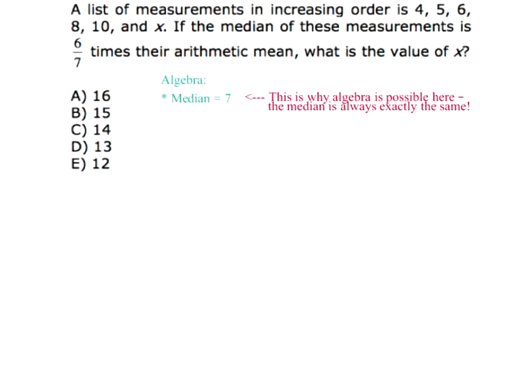Like on most median problems, algebra will not work because usually there's no algebraic expression for this. On most median problems, you can't use algebra. Here you can, that's what makes this an anomaly.